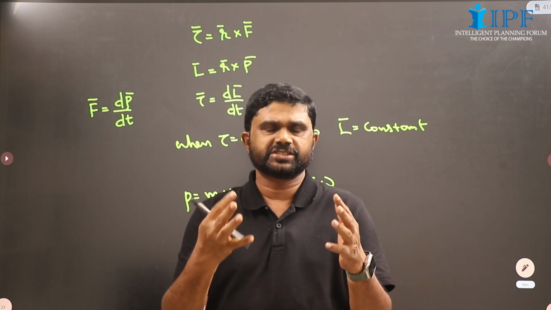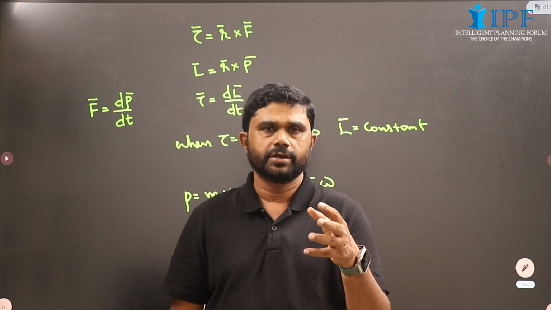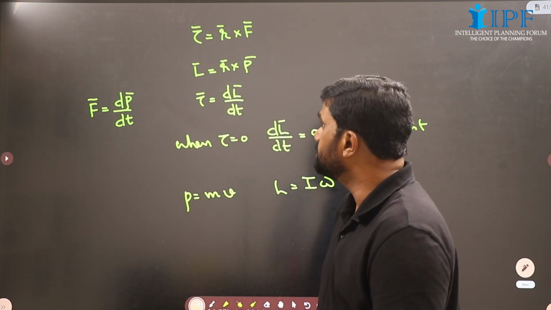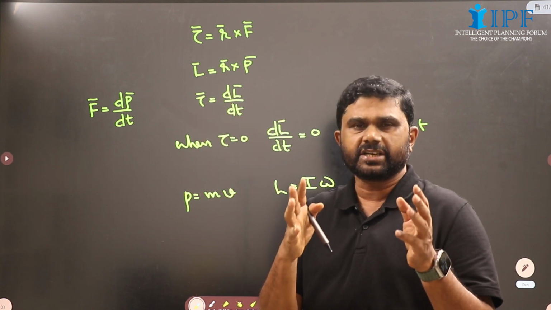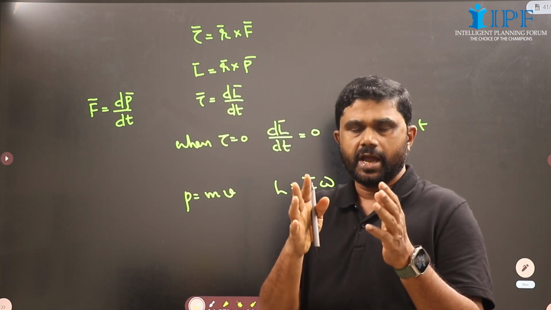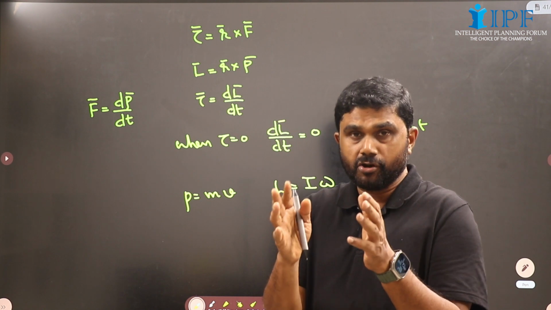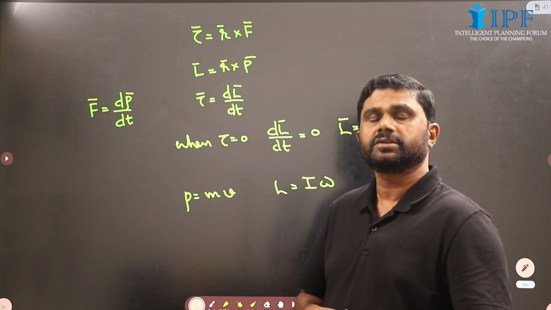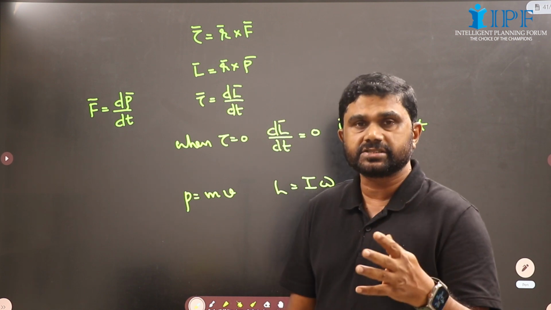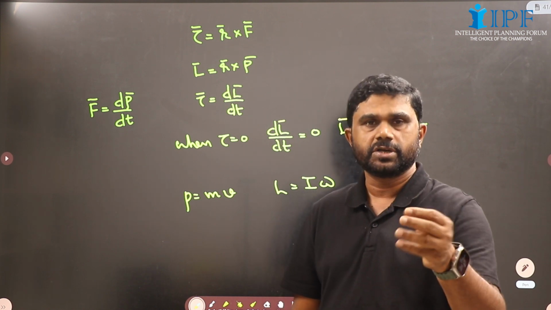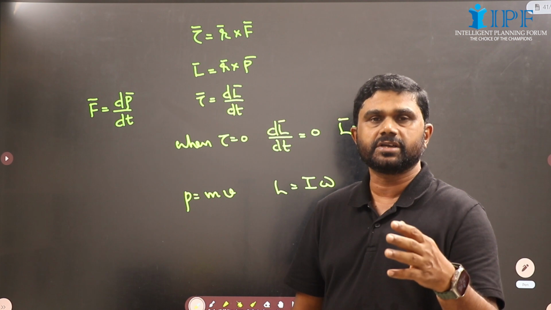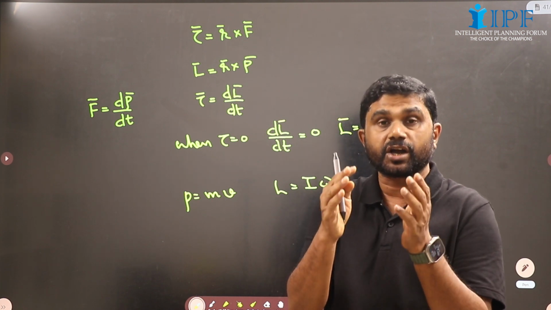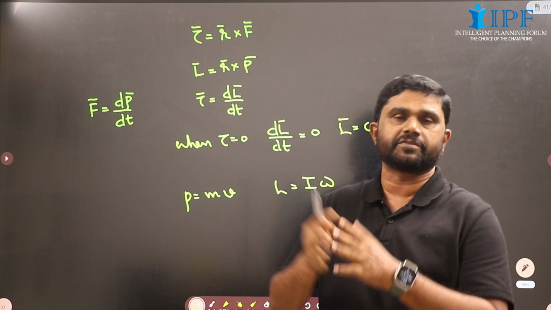Now the next thing that you have to understand in this chapter is the torque. It is the turning effect of a force, and torque is analogous to force in linear mechanics. Torque is defined as the moment of the force. Moment means you have to find the cross product with the position vector.